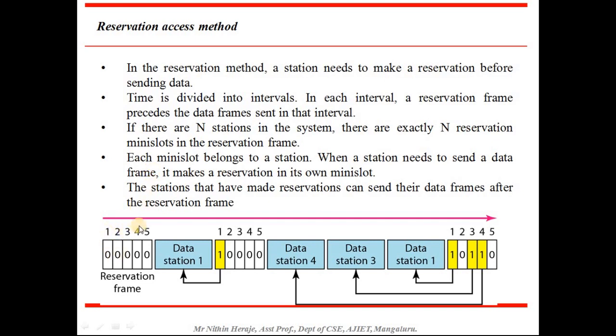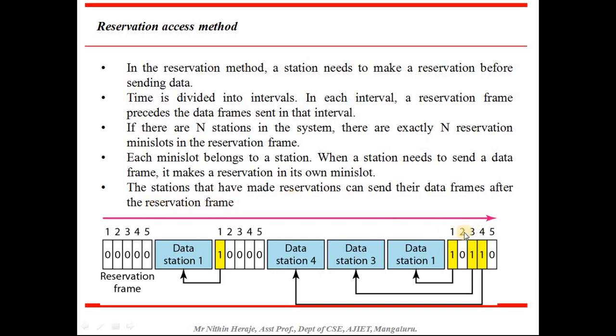So here the numbering has been given: station 1, station 2, station 3, station 4 and station 5. When a station needs to send a data frame, it makes a reservation in its own mini slot. The stations that have made a reservation can send their data frames after the reservation frame.